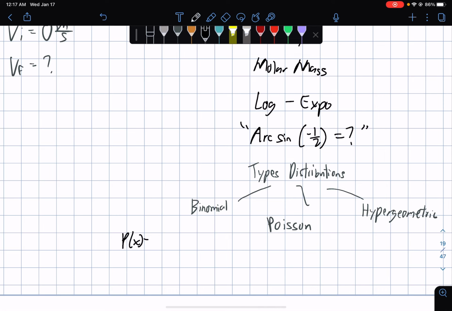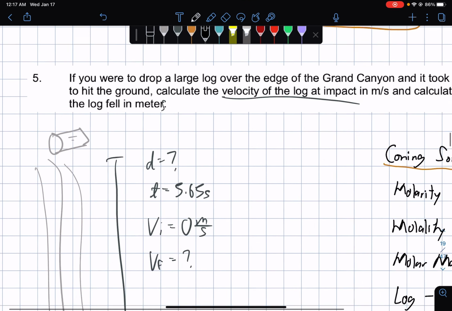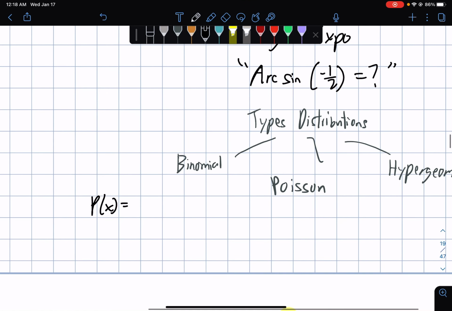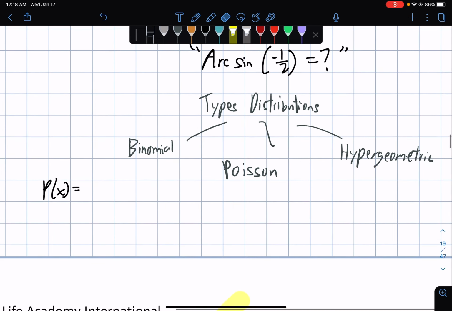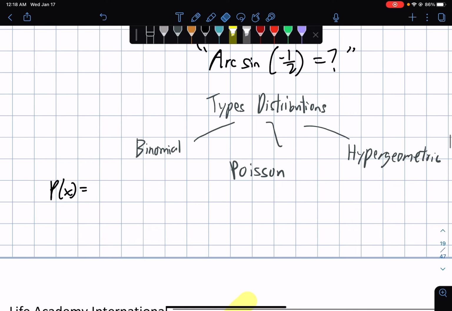P of x is equal to... I'm so sorry. This is supposed to be a video for physics, but this just came into my mind. I just wanted to showcase what I know, what I prepared for the DCAT. DCAT is, by the way, the college entrance exam for the LaSalle University, and fortunately, when I took it, I was looking for questions related to any of these. I think only 1 or 2 appeared.